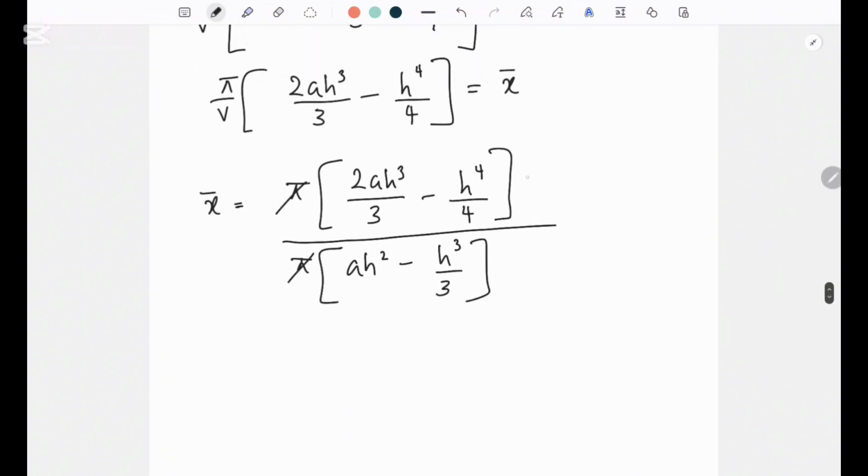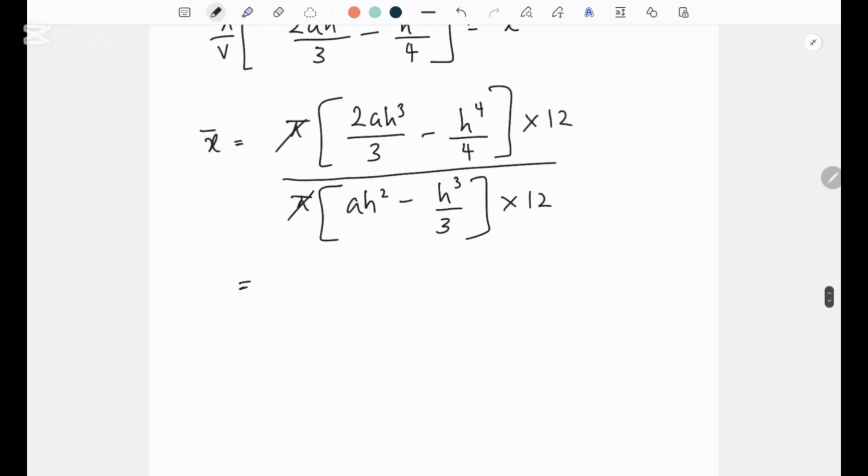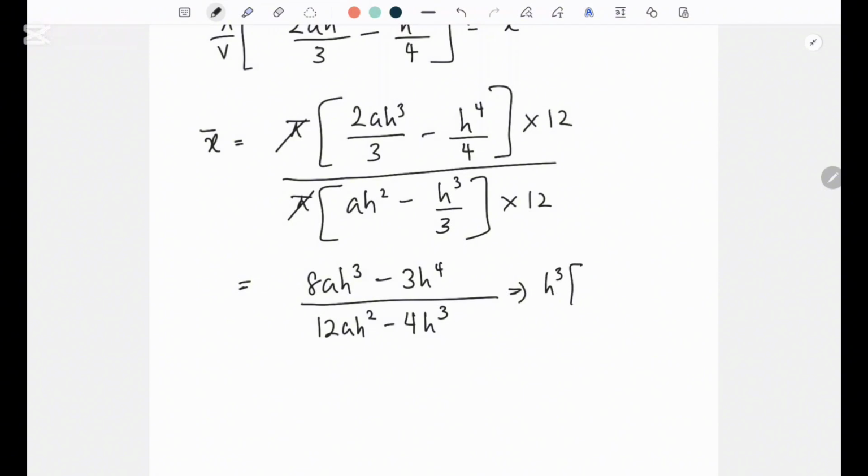So what can you do for the numerator and denominator? Let's multiply both by 12. So now you get 8ah to the power 3 minus 3h to the power 4 over 12ah squared minus 4h to the power 3. We can take h out, right? So we can take h cubed out in the numerator. So that is 8a minus 3h, right?